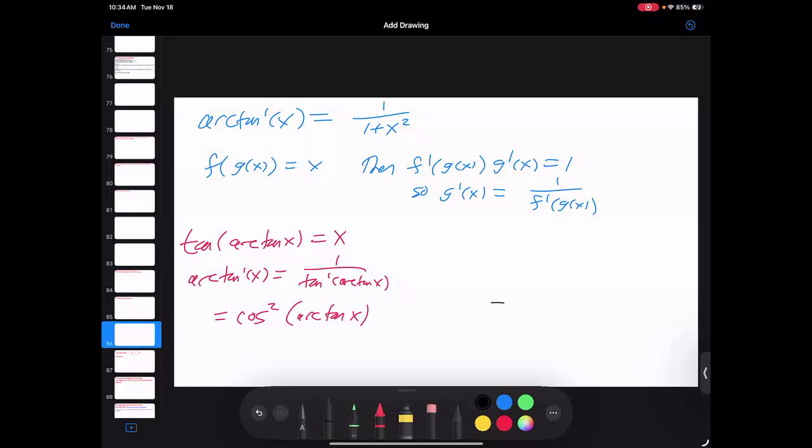Right, now it's time to draw a picture. Okay, the arctangent of x is the angle that has a tangent of x. So if I were to draw this triangle, if I want an angle to have a tangent of x, can anybody tell me what some of the sides should be? So I want an angle, theta, whose tangent is x. Can you give me a possible triangle that would work?